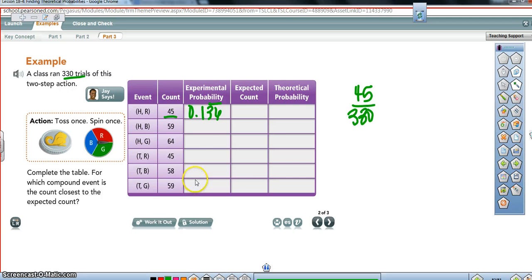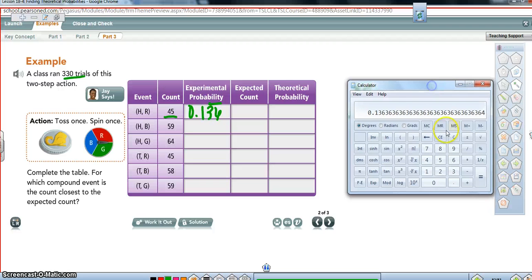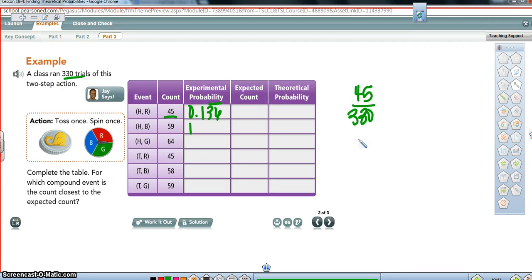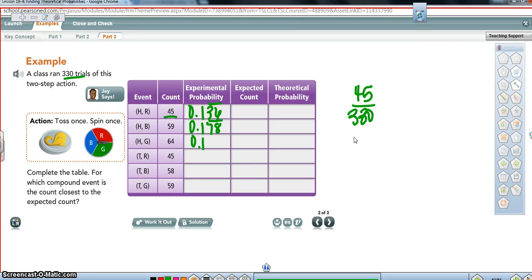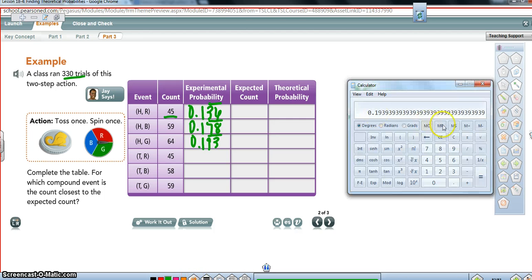And let's just go ahead and do the other experimental probabilities. So 59 divided by 330 total trials is 0.178 repeating, the 7 and 8 part. Okay, 64 divided by 330 trials, 0.193. 45 out of 330 trials.